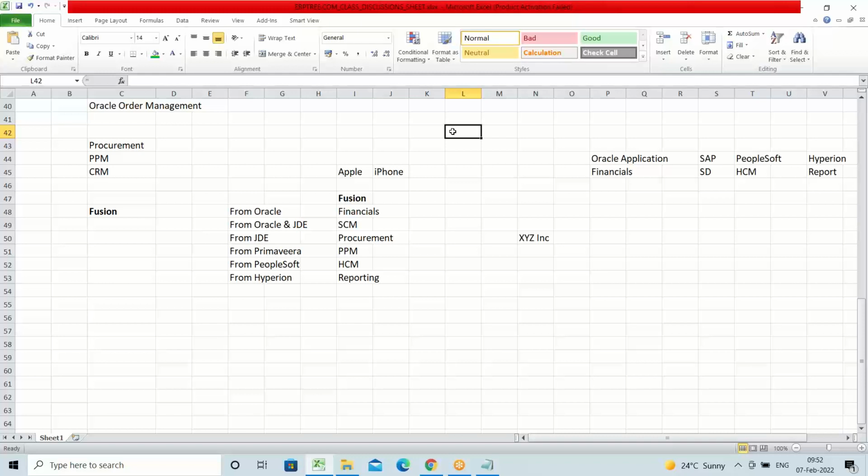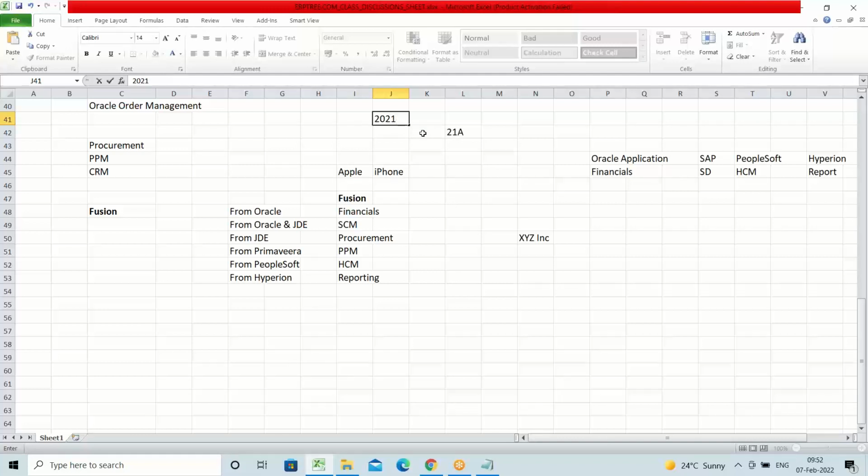The versions, 21A, 21B or something. Okay, 21 Finance, 21B, 21C, 21D. That's how you can find it. The meaning is that 21 is nothing but the year 2021.